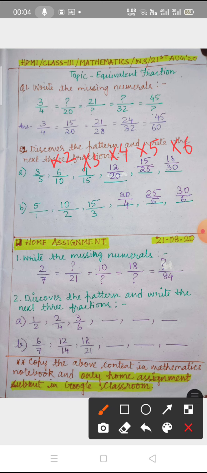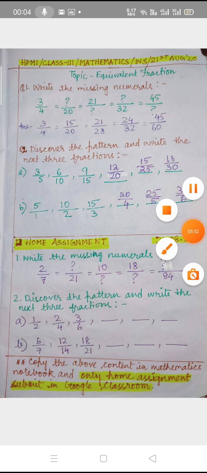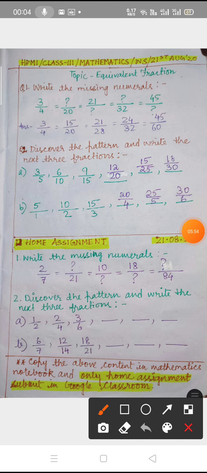But remember, we have to multiply the same number with the denominator and numerator both. So 3 4s are 12 and 5 4s are 20. So the answer for the first blank we got.